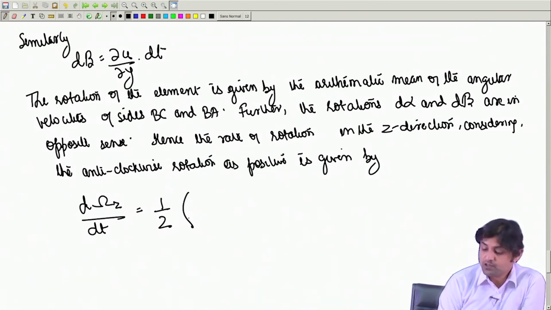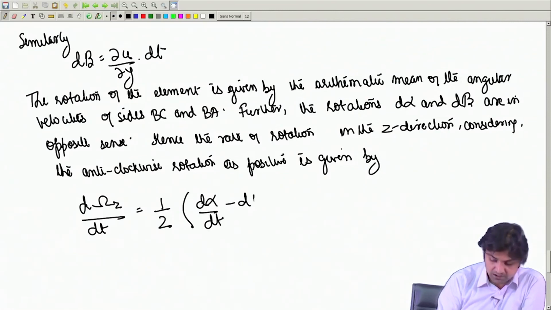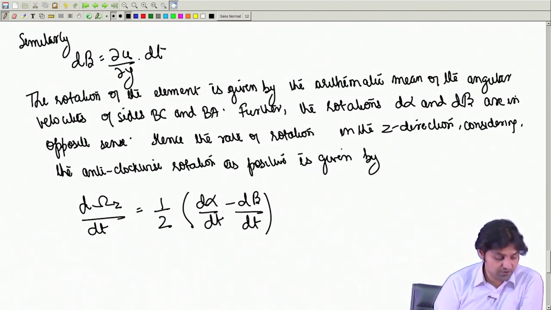So the rotation of the element is given by the arithmetic mean of the angular velocities of sides BC and BA, which is half of d alpha by dt minus d beta by dt. Here we have assumed that the anti-clockwise rotation is positive.